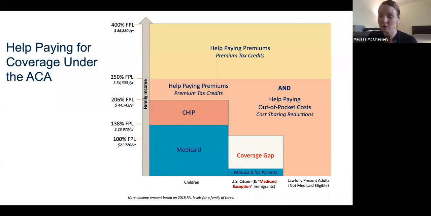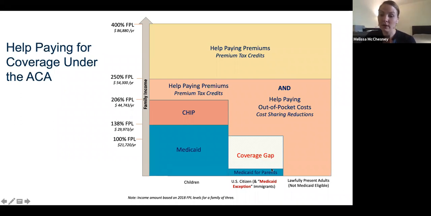The Supreme Court ruled you can't take their funding away just because they don't want to expand to this new population. So it essentially became optional whether you expanded Medicaid or not. And Texas is still one of, at this point, gosh, it's only 12 states? I think we're at 12. Missouri just voted to expand last month. So we're one of very few states who still hasn't expanded Medicaid.